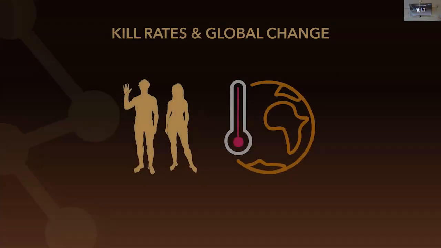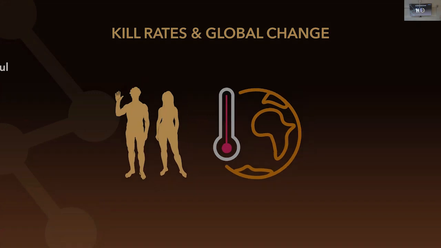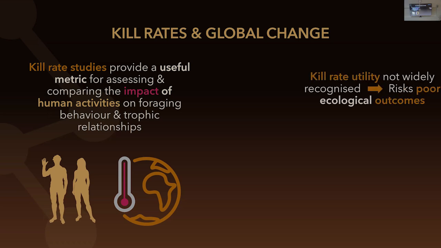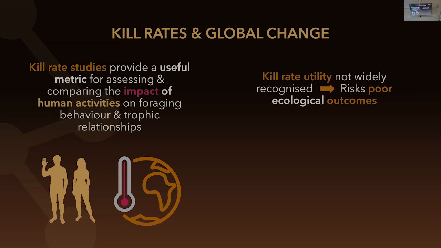And I'm sure we're all aware that human activities, climate change, etc., are having an impact on species interactions. Kill rate studies are a useful metric for understanding some of those impacts on predation and trophic relationships, but it appears that it's not widely recognised. So this could risk poor ecological outcomes for some species when we don't have this type of information.